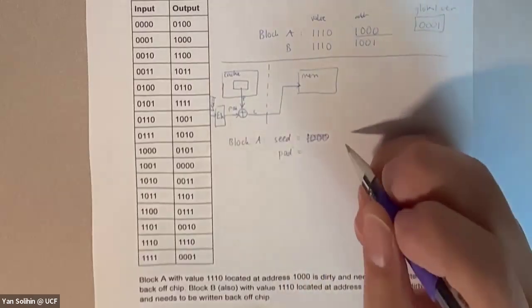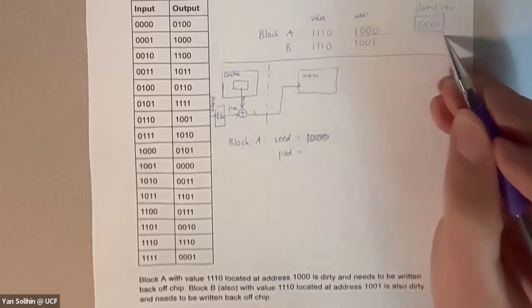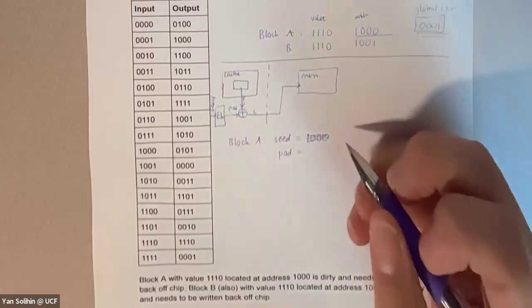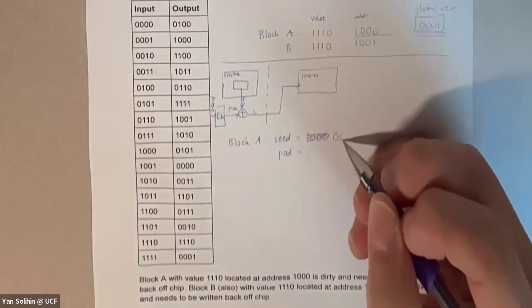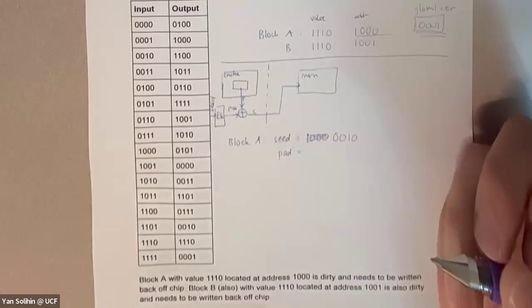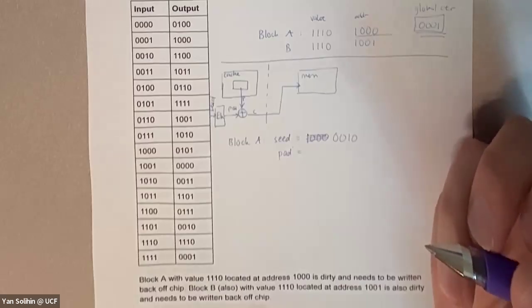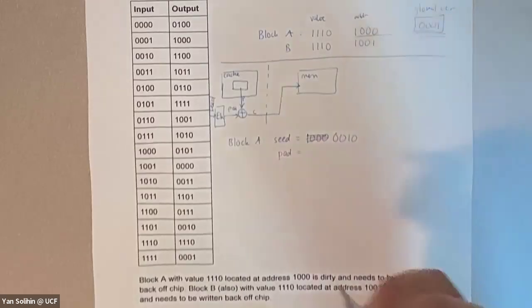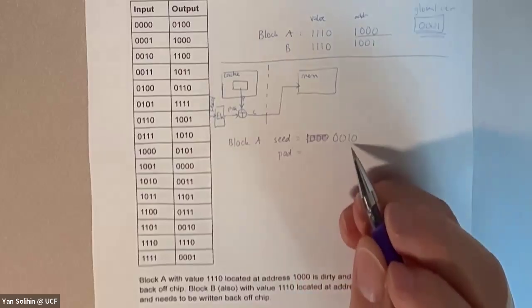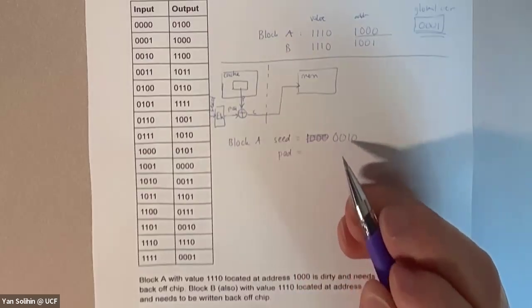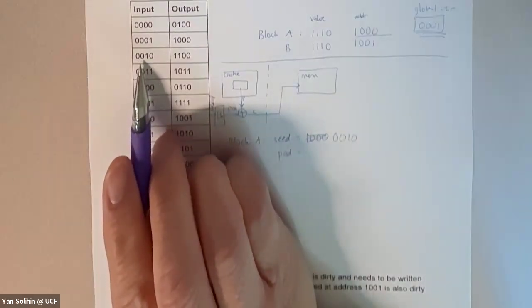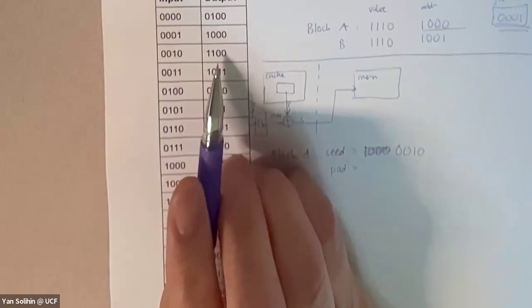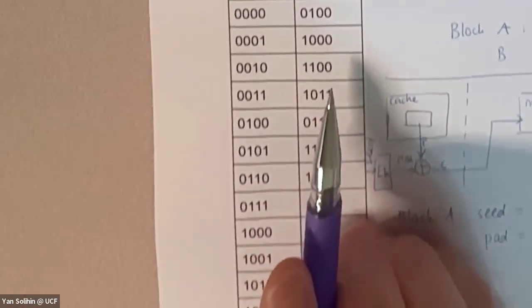In this case, the seed is the counter value incremented by 1, so this will be 0010. Then the pad is the encrypted version of 0010. If we look here, the input of the block cipher is 0010, the output is 1100.